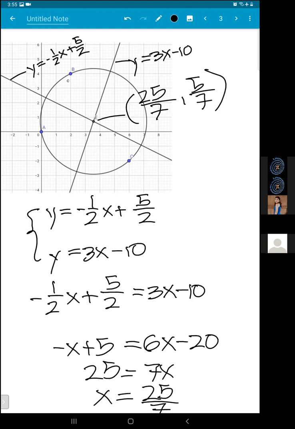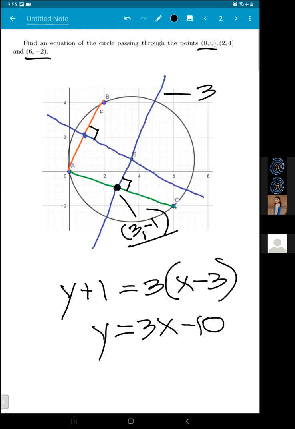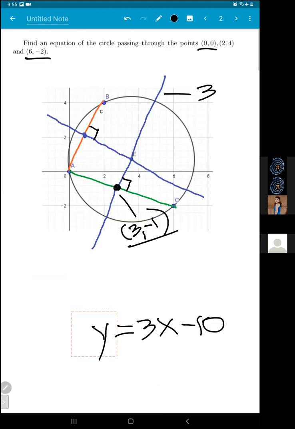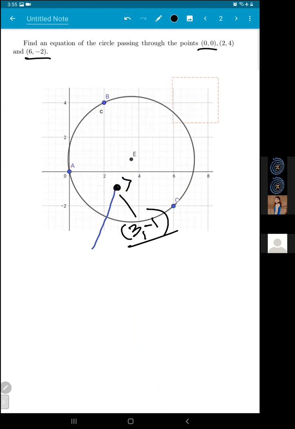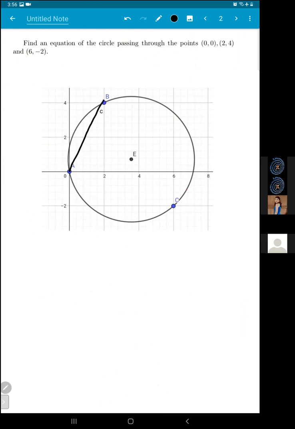So to recap, what we did was just get the perpendicular bisectors. That's the key idea here. Consider a chord, get the perpendicular bisector, it passes through the center. Consider another chord, get the perpendicular bisector.